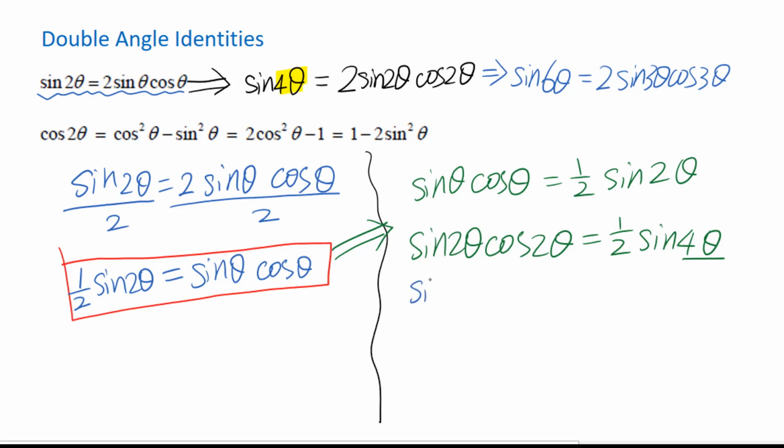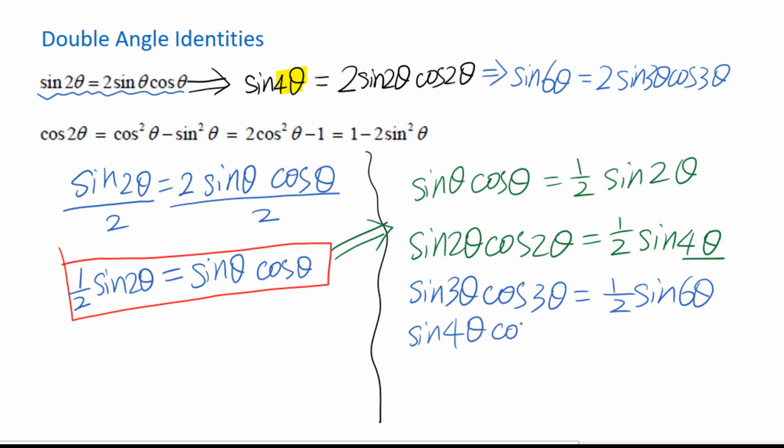Then for sine 3 theta cosine 3 theta, you will get 1/2 sine 6 theta. Keep going, sine 4 theta cosine 4 theta, you will get 1/2 sine 8 theta.